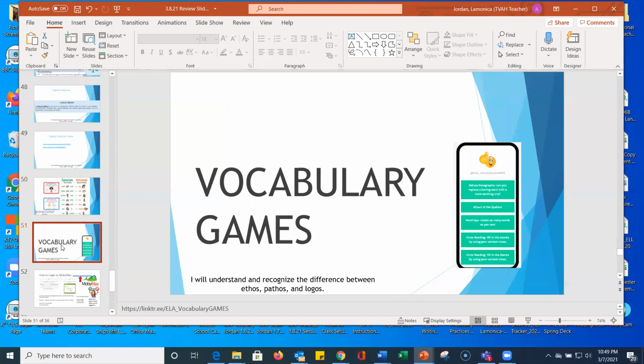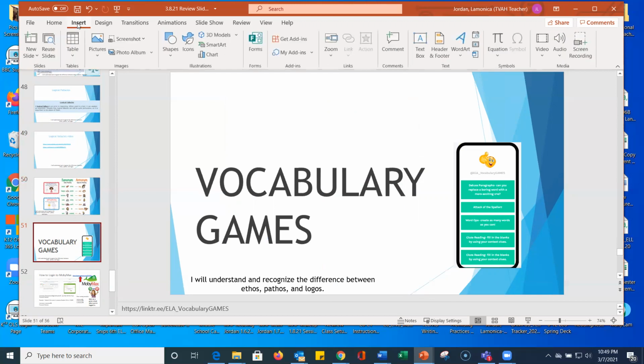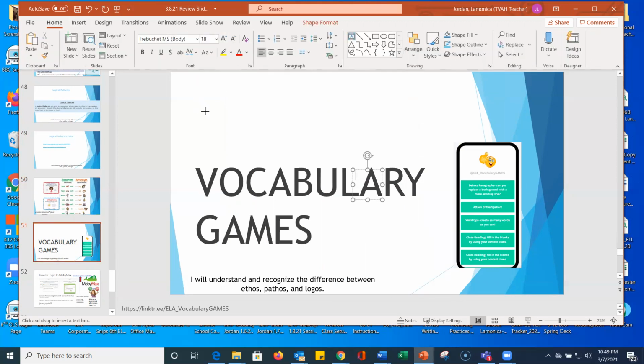We have some cool vocabulary games for you. So I need to insert the link to the link tree. Let me do that real quick. Insert text box. You can see the link down here in the chat. Copy, Control V, enter.